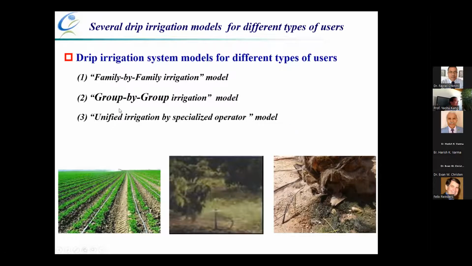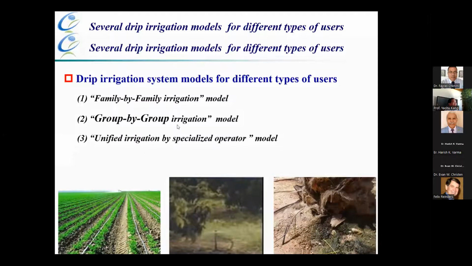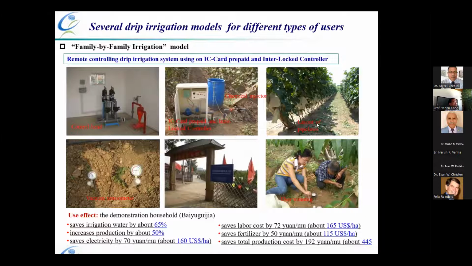For each model, we developed irrigation systems. For example, this is what we call the remote controlling drip irrigation system using an IC card and interlocked controller. Each farmer has one controller, and also the fertigation system. And this is the hand control and the tensiometer, and the layout of the system.